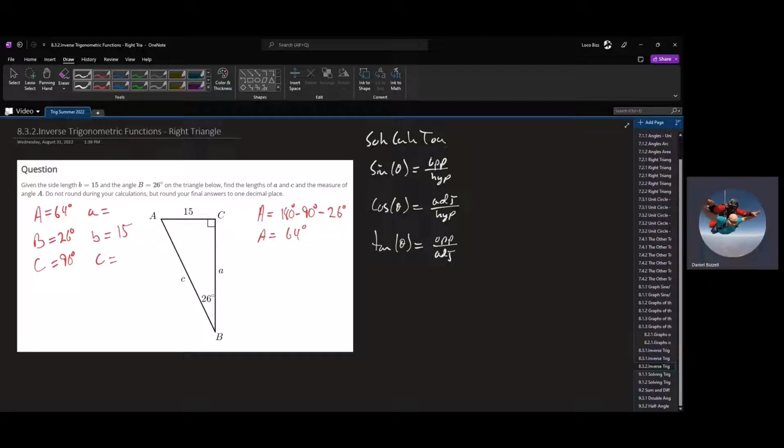Okay, so now that we've filled in our trig definitions, let's actually go ahead and fill in what information we have.